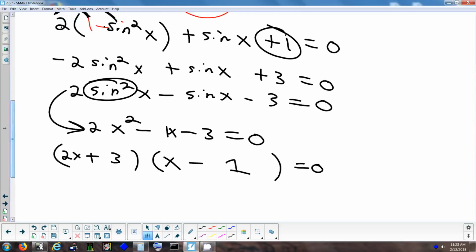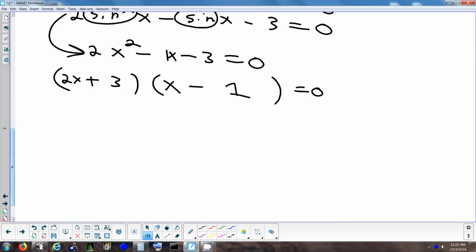So now that we factored it, making it look simpler, let's change x back to what it should be. And then maybe in the next problem, we won't have to do this step. We'll just factor it right away with the trig, instead of pretending like it's algebra and then changing it back. So it's 2 sine x plus 3, sine x minus 1.